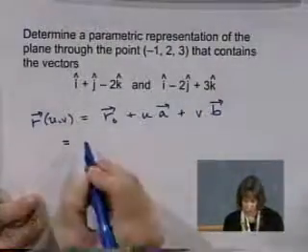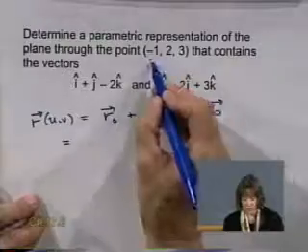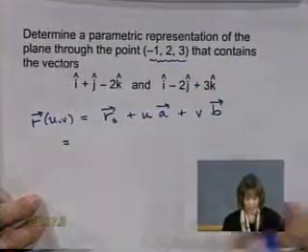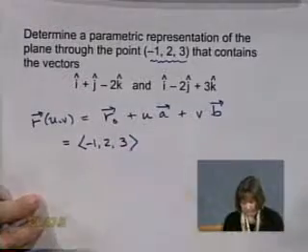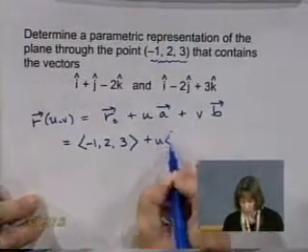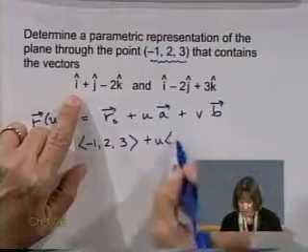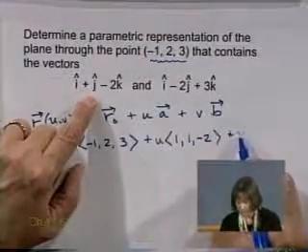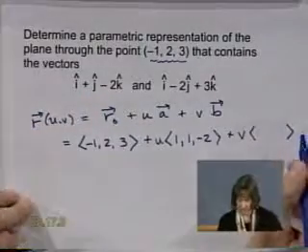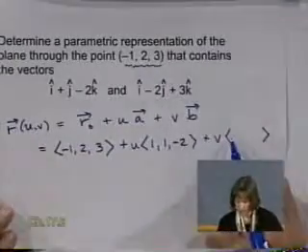All right, so r naught, that's the position vector pointing to you at your point. That's the point -1, 2, 3. Plus u times vector A, I'll call this vector A, it has components 1, 1, minus 2. Plus v, this vector has components 1, -2, 3.